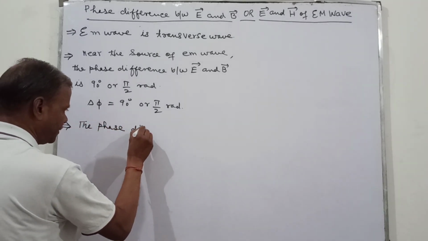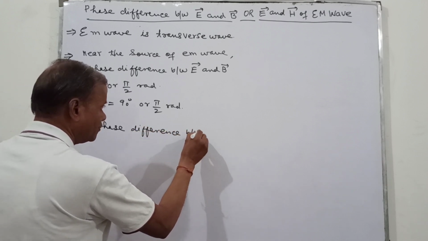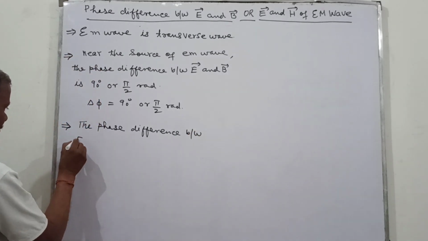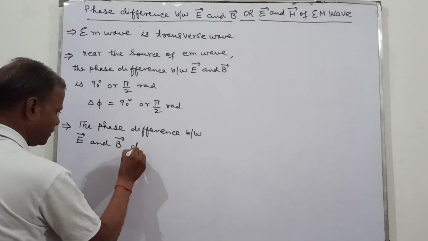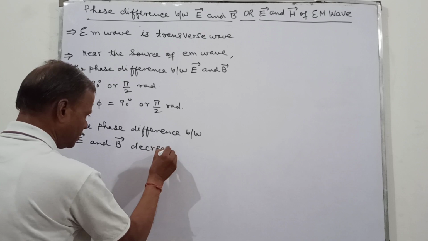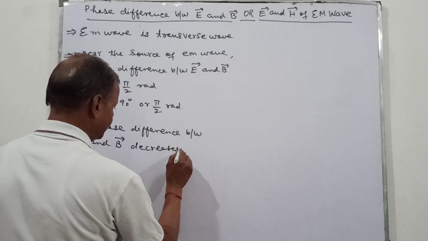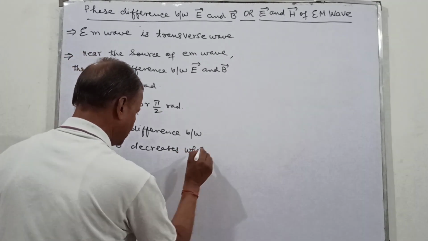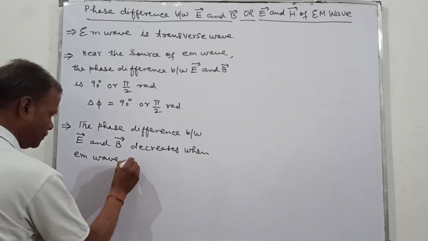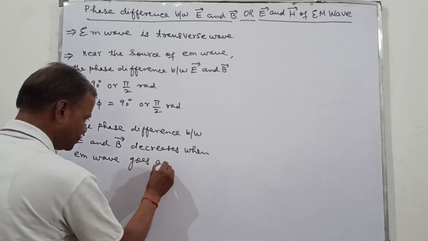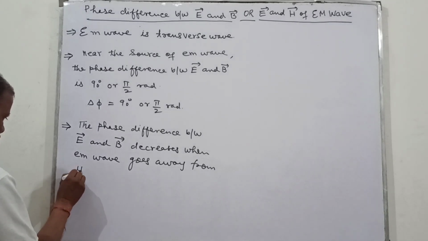The phase difference between E and B decreases when the EM wave goes away from the source.